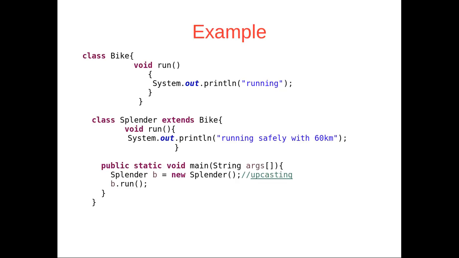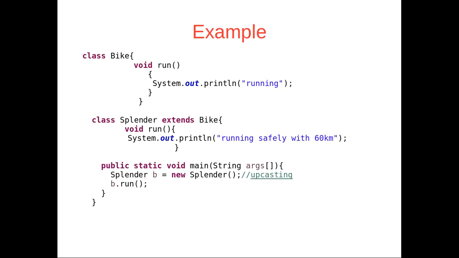In this class we are going to override the run method of the Bike class, because Bike is the parent class of Splendor, since we are using the inheritance concept with the extends keyword.